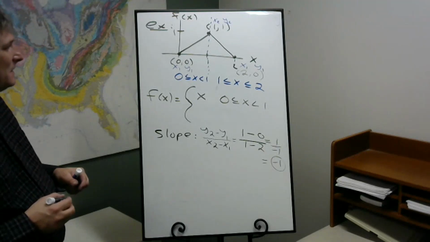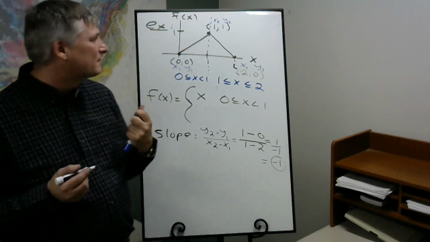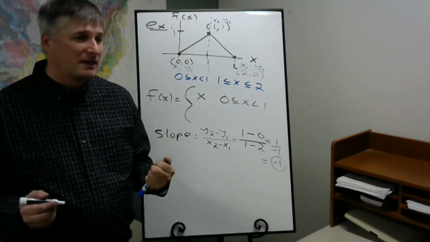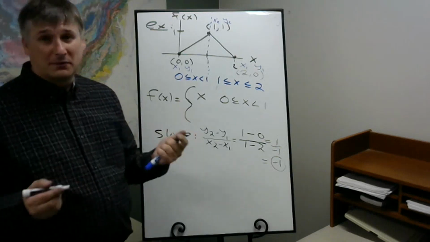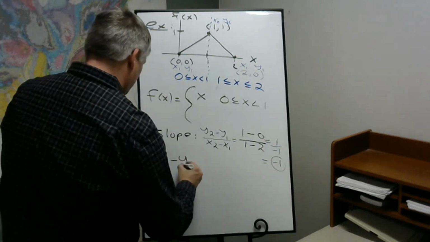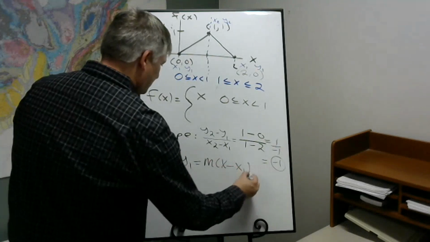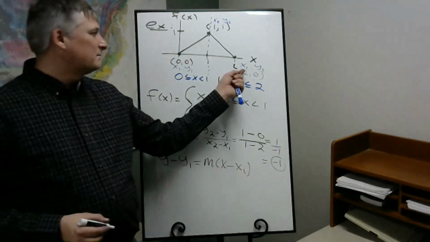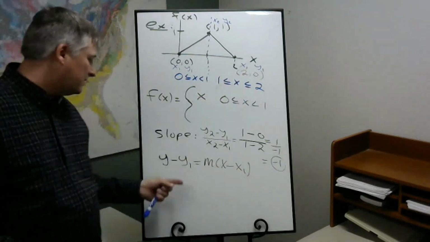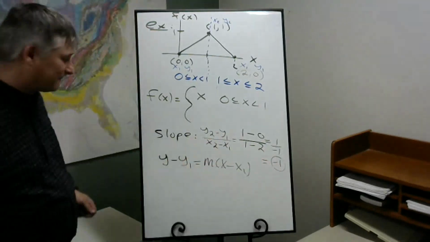Now, we do kind of need to think about this one because we don't have a y-intercept. So what we can do is use the point slope formula. And that's going to give us the formula for this line. Now, the point slope formula is this. We have x1 and y1 picked out already, so we can use these for the x1 and y1 in the formula. And then we have the slope -1.